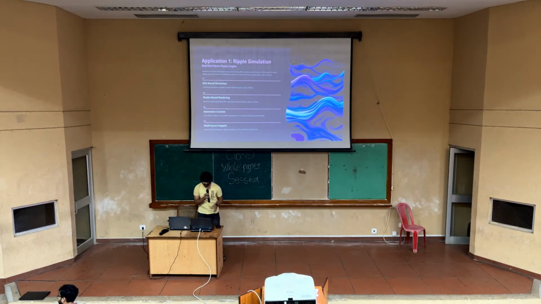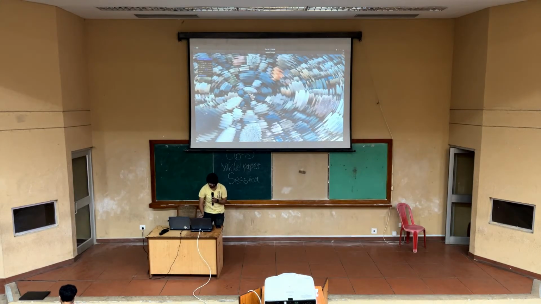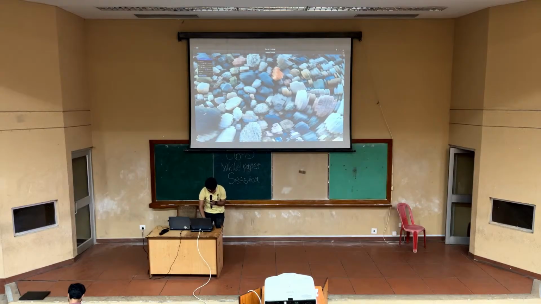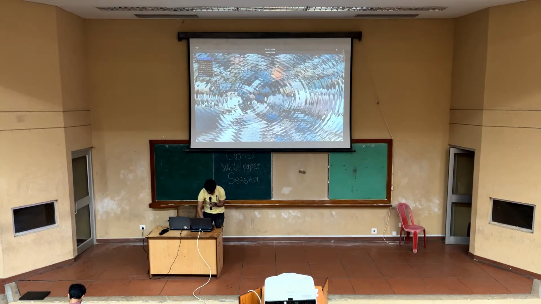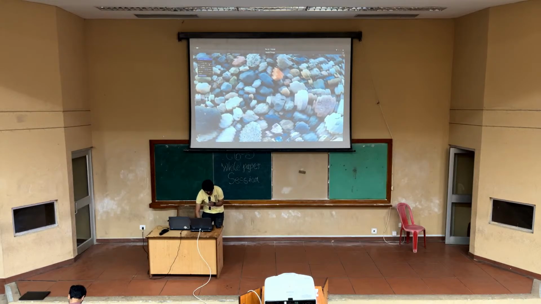The first application is a wave simulation. As you can see in the example, it generates ripples and we can even see interference, creating multiple waves at the same time. The parameters, like the height and the speed, can be changed, and the number of sources can create different frequency and speed.